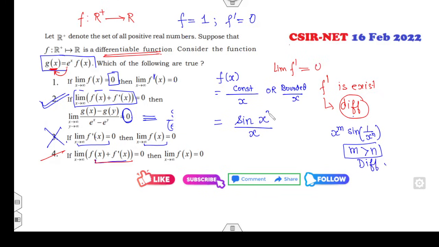And if I enlarge it a little with sine, clearly say m is minus 1, n is minus 2, which is not satisfied. This function is not differentiable, and once it is not differentiable, the limit does not go to 0. Although f(x) will go to 0 because the function is bounded and 1 by x goes to 0. The first option is cancelled.